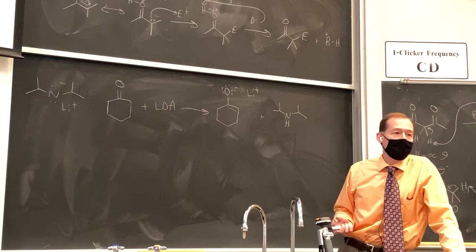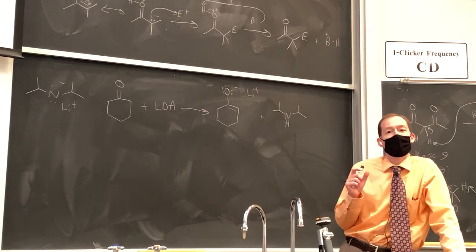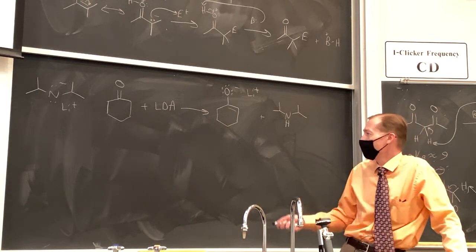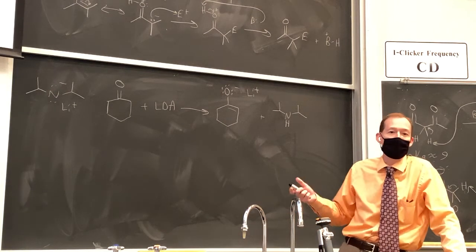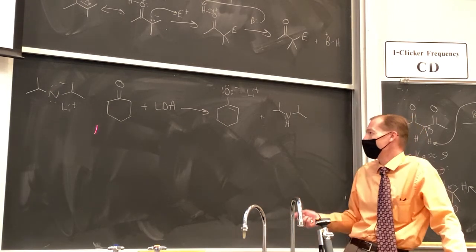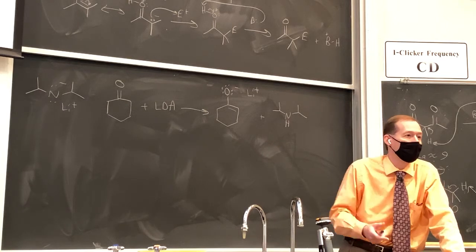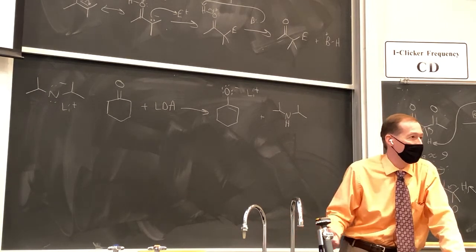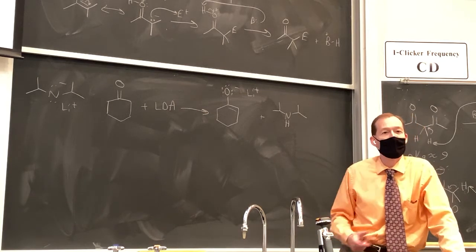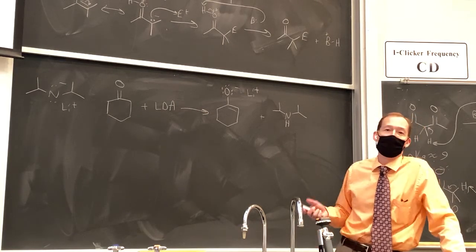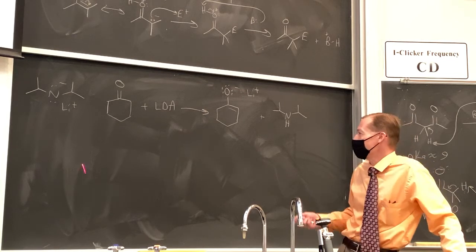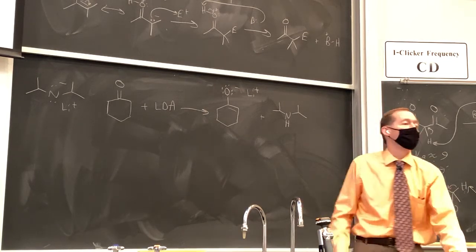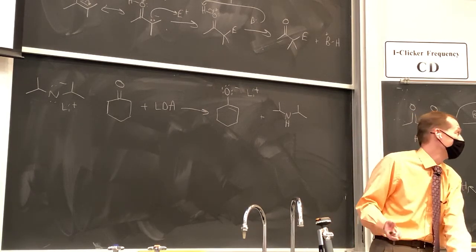In American English, people typically refer to the carbonyl compounds as amides, and they usually refer to the anions as amides. Okay, so this is usually called lithium diisopropyl amide. In Great Britain, they call everything amides, so I'm not sure how they distinguish between the 2. But when I say amide, I'm going to be referring to the carbonyl compounds, and when I say amide, I'll be referring to species with a negative charge on a nitrogen.